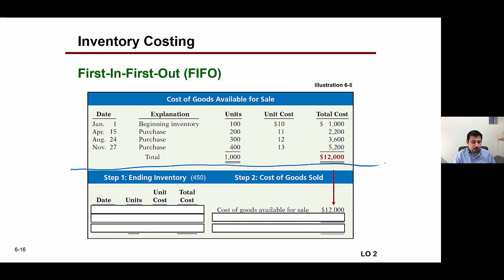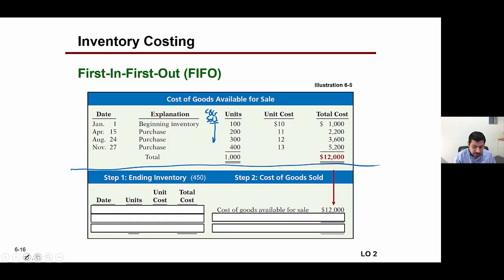That means the first items that we purchased, we will sell them first. So this is cost of goods sold. Those are the units that were sold. You start selling the earliest ones and then you move forward.